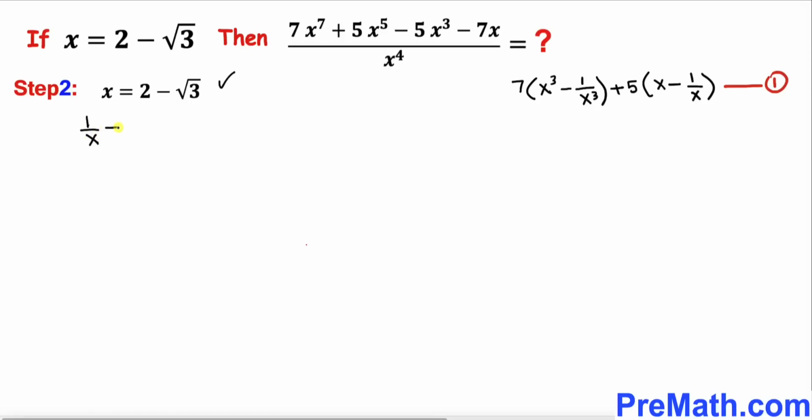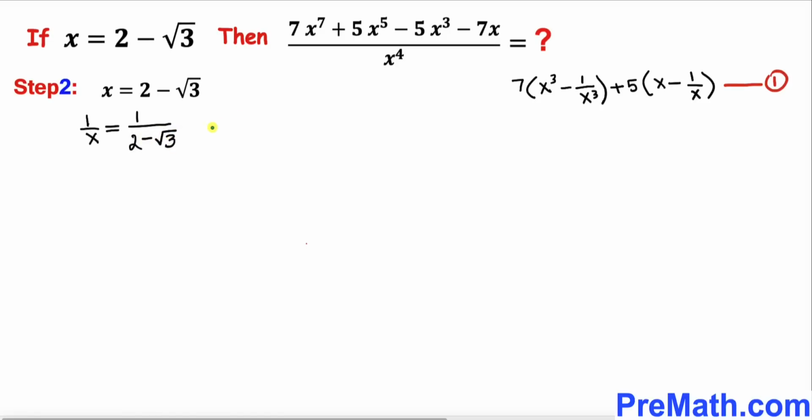So 1 over x is going to be simply 1 divided by 2 minus square root of 3. And now we can see we have a radical in the denominator, so we must not have a square root in the denominator. So therefore we are going to rationalize this denominator by multiplying and dividing by its conjugate.